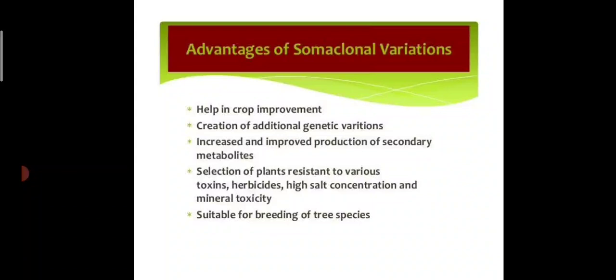And selection of plants which are resistant to certain herbicides, pesticides, or diseases is also possible. This phenomenon is also suitable for breeding of tree species. So these are some of the advantages of somaclonal variations.